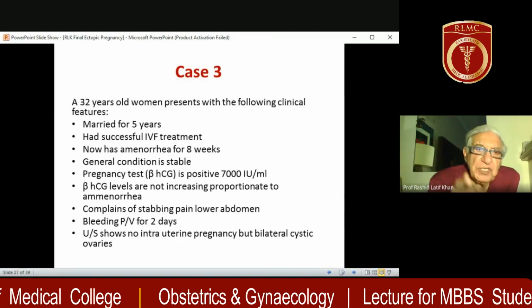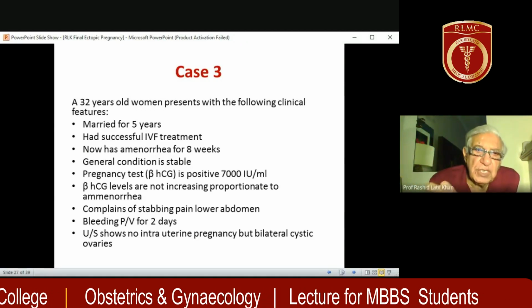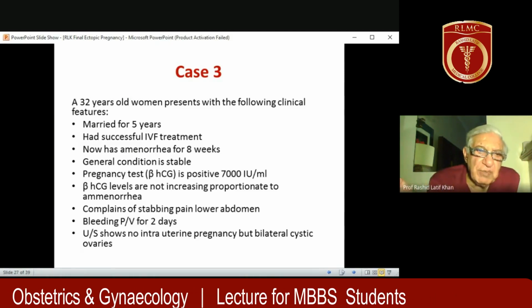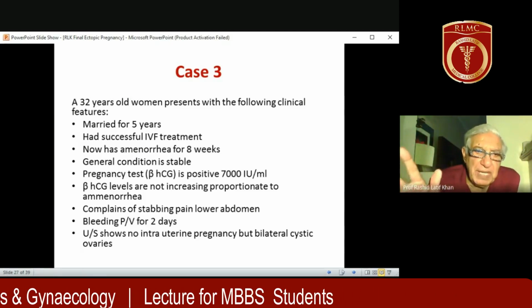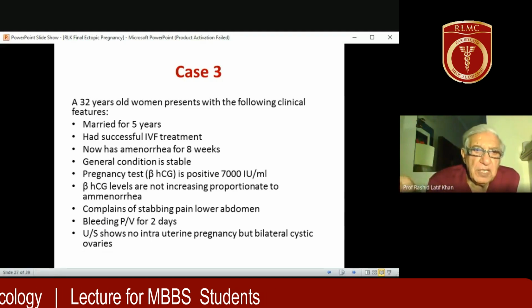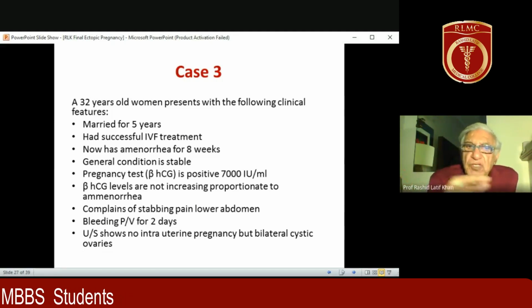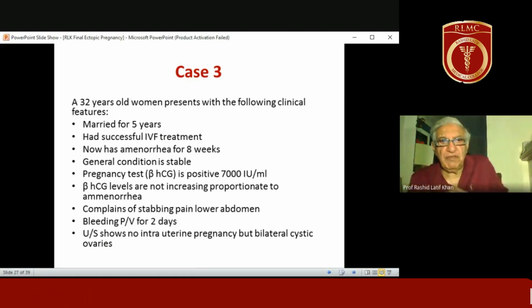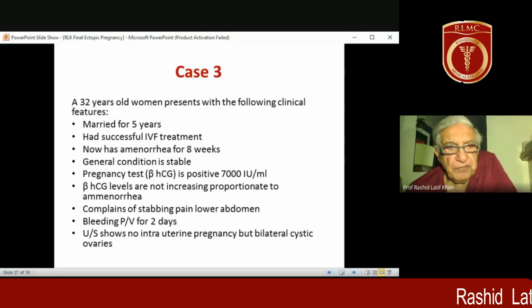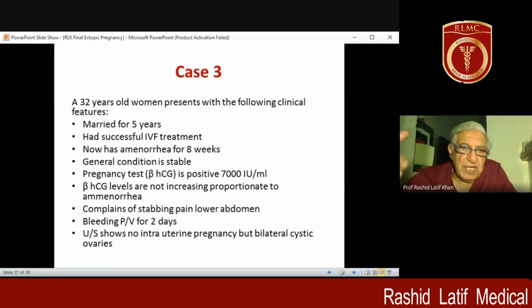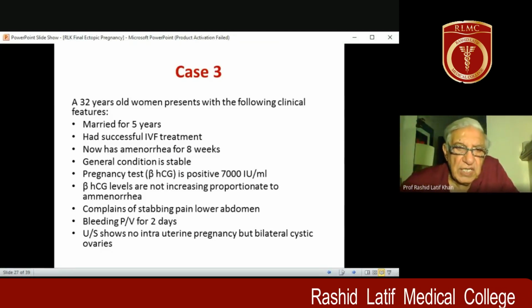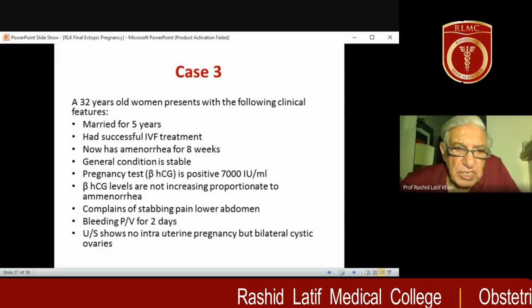This is the patient where expectant treatment is required because she is in a stable condition, although she is having pain. Here we will repeat beta HCG after every 48 hours. If it is increasing, it means the pregnancy is normal, will appear on TVS. If it is not increasing by doubling every 48 hours, then possibility of ectopic pregnancy is there.